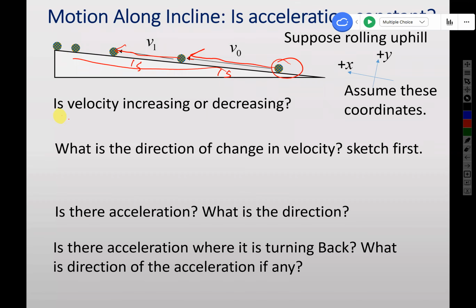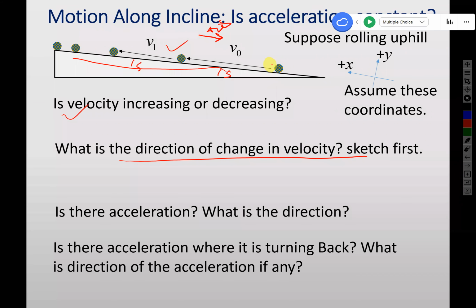So now there is a series of questions. I wanted to lead you to the answer, but let me go through this. So what happens here? Velocity is decreasing, isn't it? So what is the direction of change in velocity? When it's decreasing, the change is in the opposite direction, and we learned how to do that, right? So V0 and V1, I can draw tail to tail, right? And then this V0 is this.